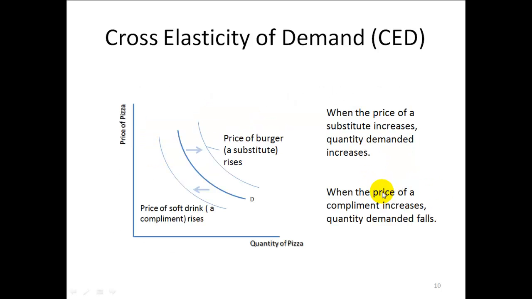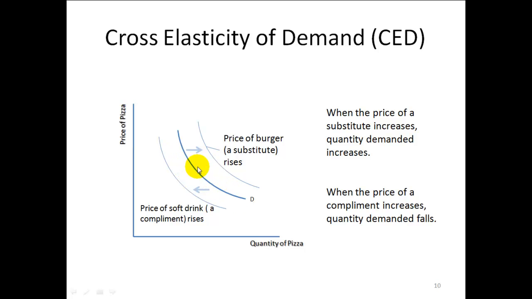We can look at this picture graphically now. What we are considering is the demand. So let's look at this demand curve now. Let's say that we are talking about the demand curve for pizza. The y-axis is the price, the x-axis is the quantity.